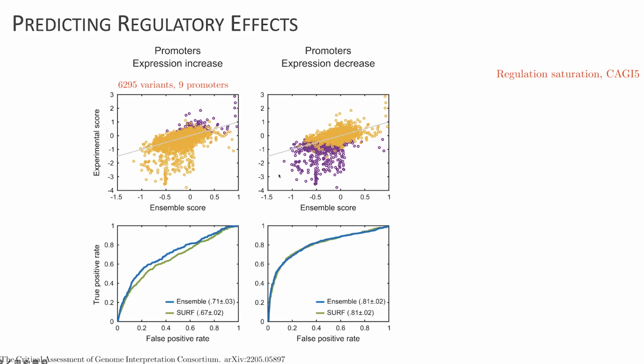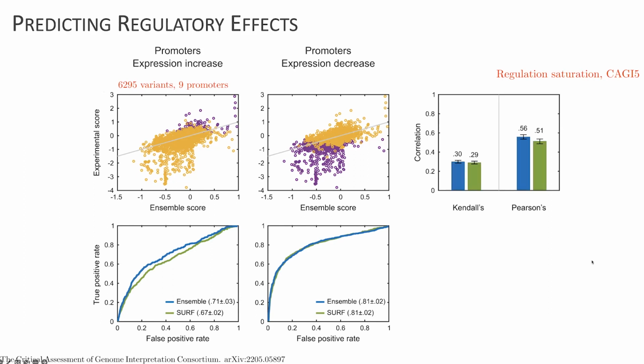The purple circles here annotate the ones that have, in this particular case, decreased expression, and here increased expression. As you can see, the performances in the ROC space, when we quantize those values, are decent, not great.